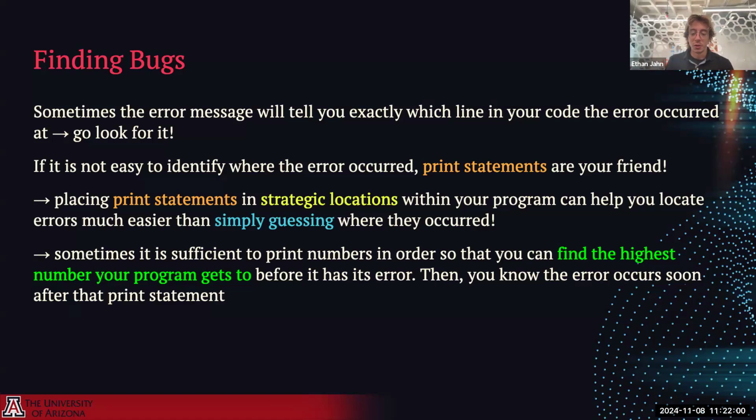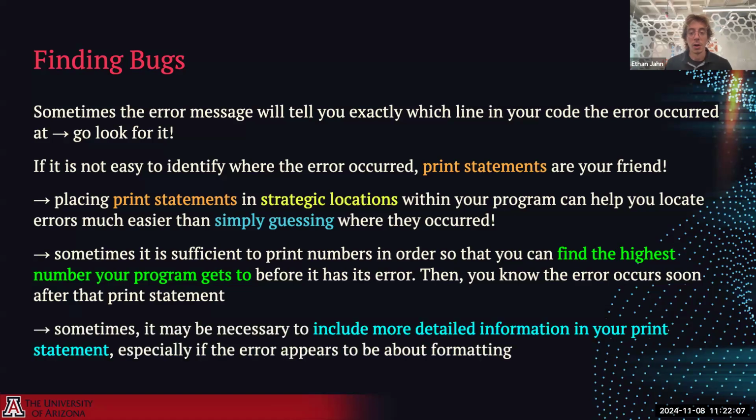So that's a good way of trying to narrow things down, and then you can get a little bit more granular with that, or print out things that are more detailed as well. You might want to print out the contents of a variable or an array or something like that that is occurring at a particular time.